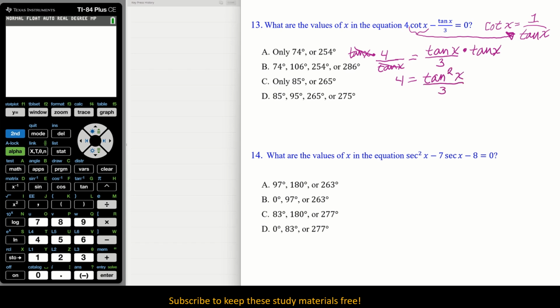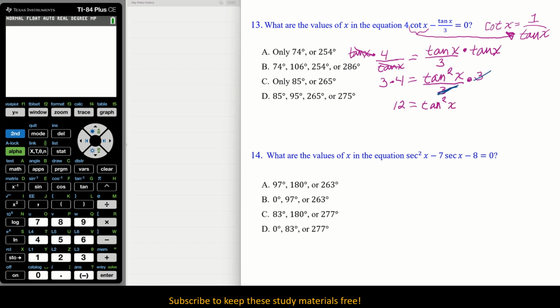So if I multiply both sides by 3, then I have even more I can work with. These two cancel out, and 3 times 4 is 12. So now we have 12 equals tangent to the second power x.